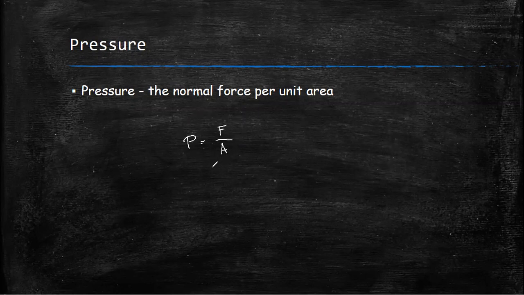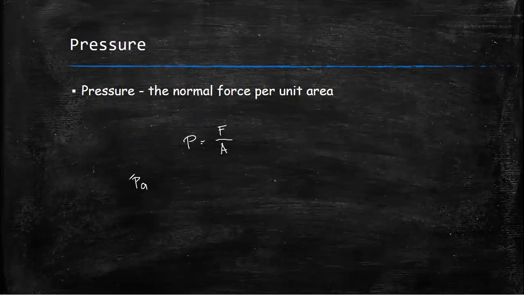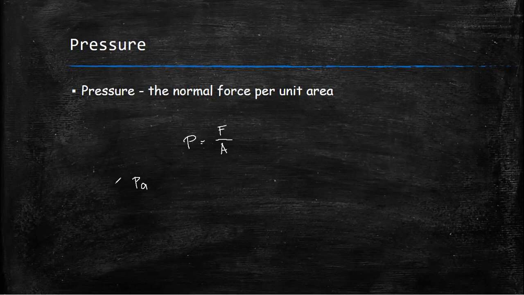So the standard unit for pressure is the Pascal, wherein 1 Pascal is equal to 1 Newton per square meter.